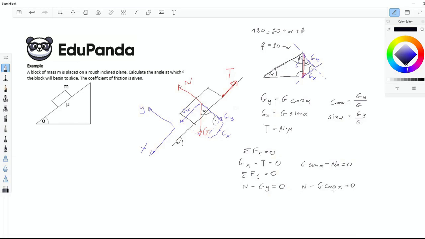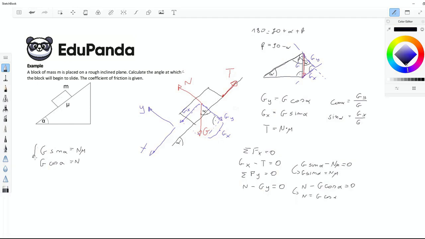To solve this using the simplest possible method, we will write these equations here on the side, one under the other. G sin alpha equals N mu, and G cos alpha equals N. The transition here is very simple because it's just a shift to the other side. We wrote one under the other.